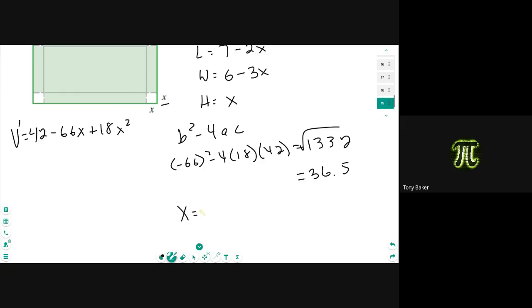So then I have x equals 66 plus or minus 36.5 over 36. Yeah, for the first one, 2.85. And 0.82.